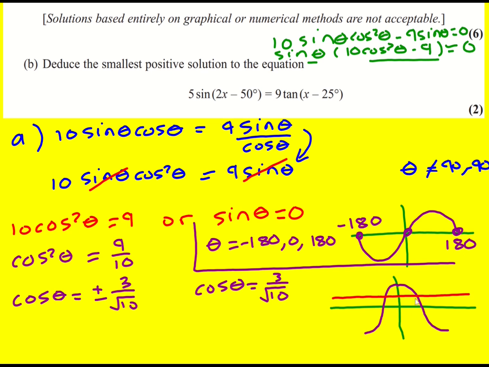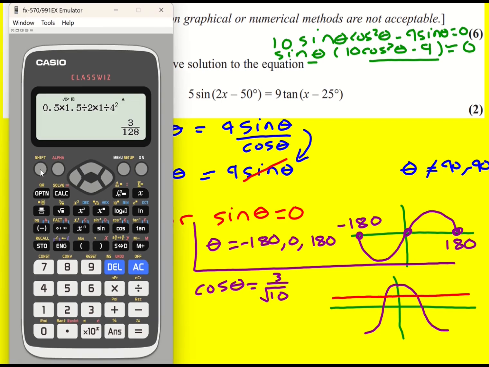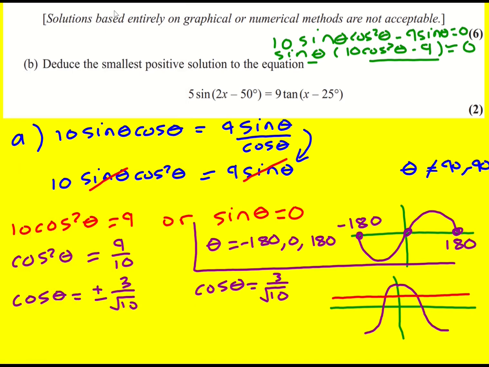So it's going to be two solutions. One's positive, one's negative. So 18.434 or minus 18.434. We'll put them all together in a minute and round to three significant figures.